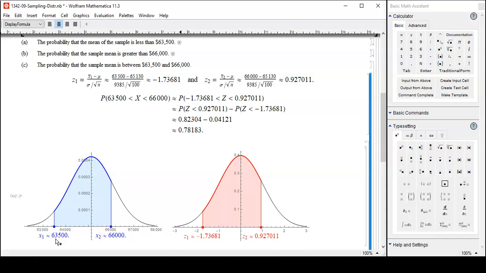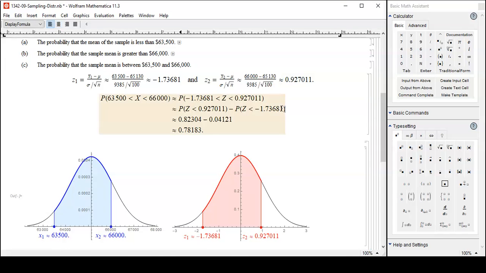And in part A, we did the z-score for 63,500 and calculated the area to the left. Subtract one from the other, and you're going to get the middle area, and that's what we have right here. This minus that is this minus that, and then if you do it right, you're going to get the answer like this.